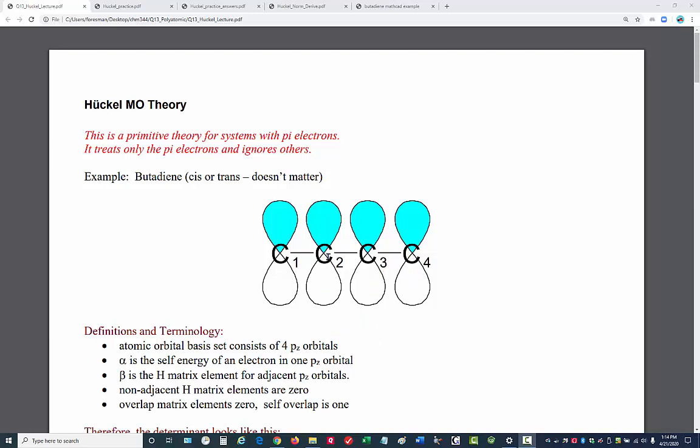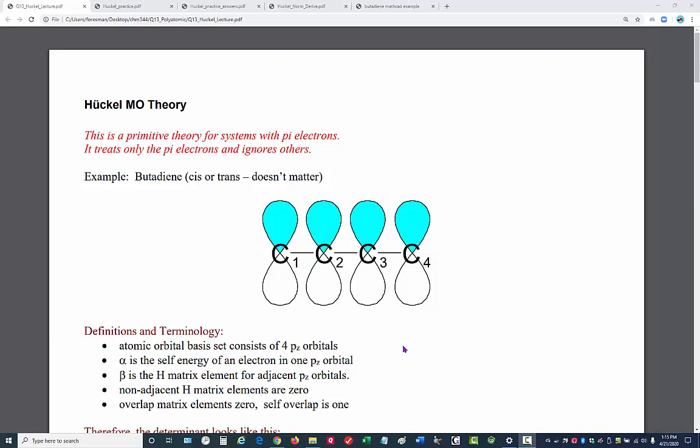But the interaction between the p on C2 and the p on C4 would be 0 because they're non-adjacent. Only adjacent carbons will have interaction, and we'll set all of the other Hamiltonian matrix elements to 0. Finally, for the overlap terms, the S's in the secular determinant matrix, those overlap matrix elements between different orbitals are all 0. And so the overlap between one orbital and itself will be 1.